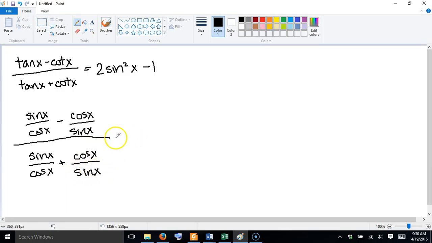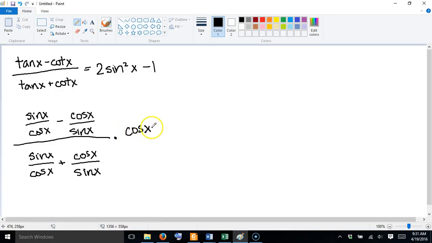All right, now the simplest way to go about this one is multiplying it to simplify a complex fraction. We've learned in algebra, one technique is to multiply numerator and denominator by the least common denominator. Our LCD in this case is going to be sine x times cosine x, or cosine x times sine x, either way.